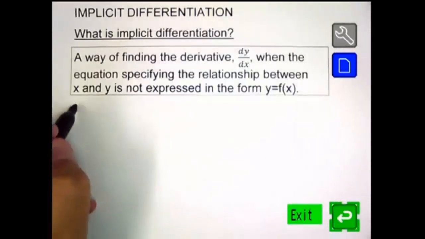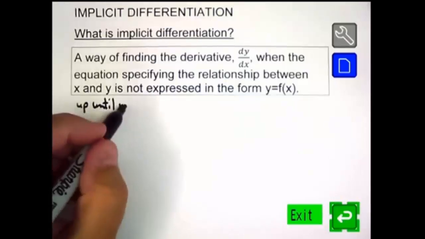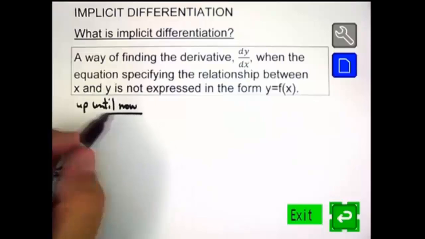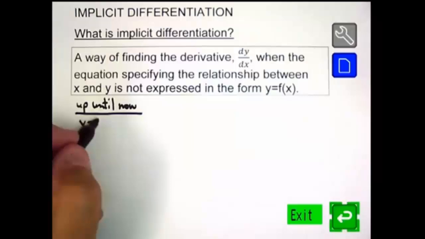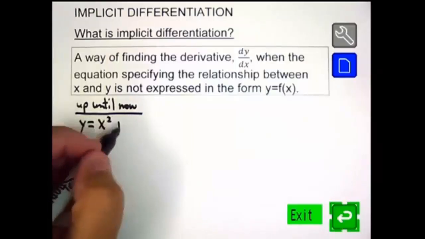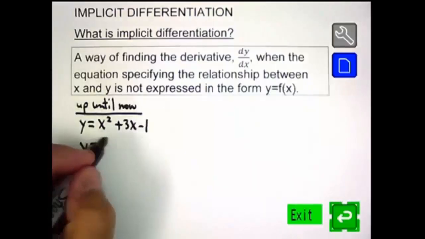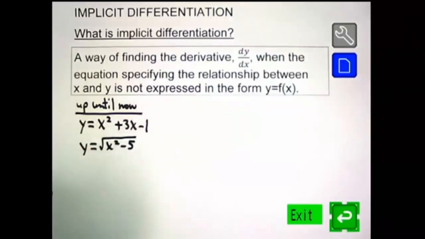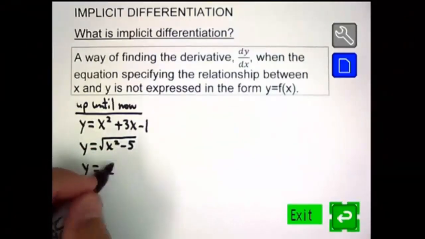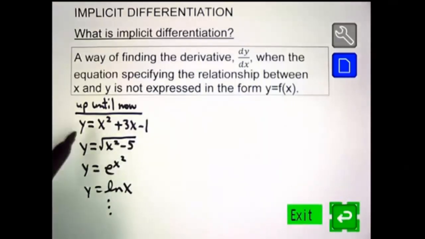Maybe by contrast I can illustrate what I mean there. Up until now, before we started talking about implicit differentiation, when you were asked to take the derivative, the one thing that all the exercises had in common, and of course you can go on and on and on, is that you always had y equal to something.